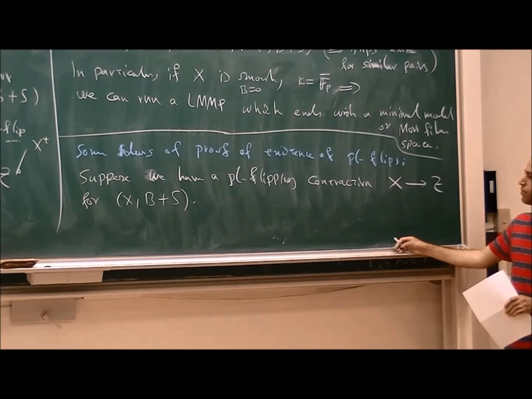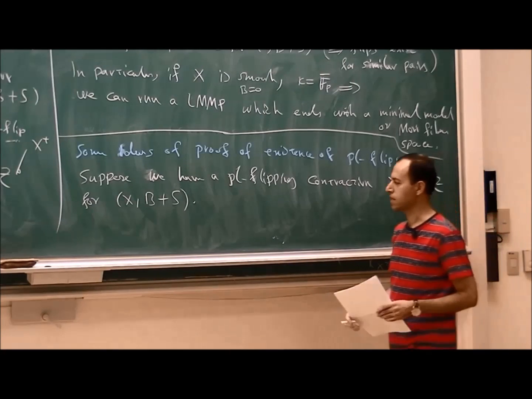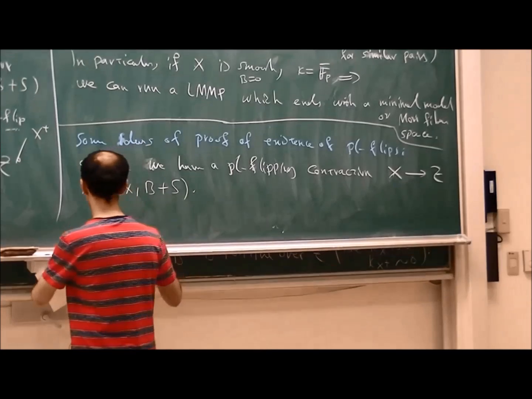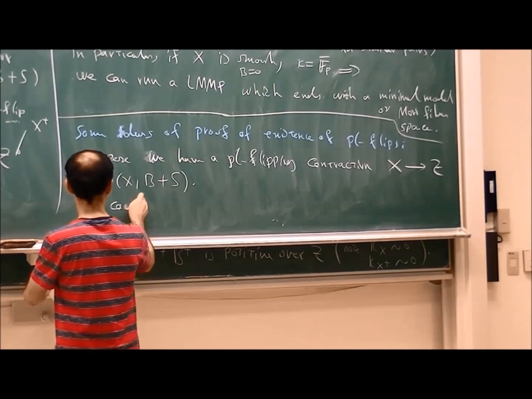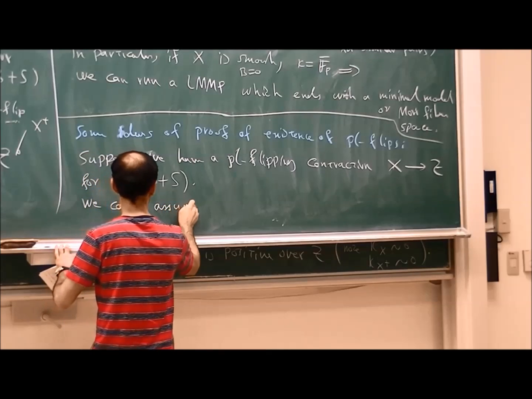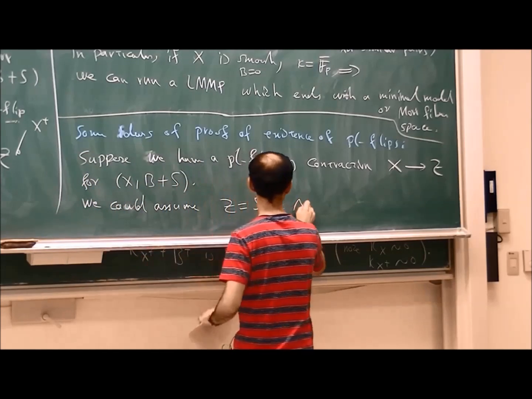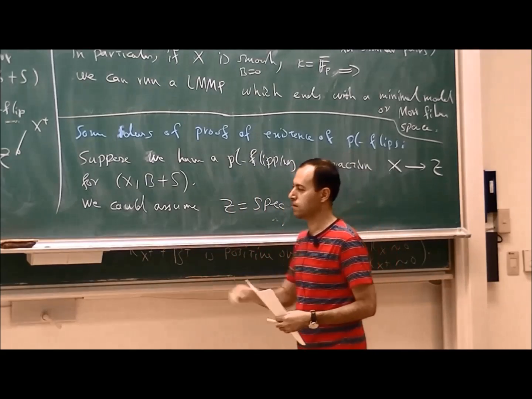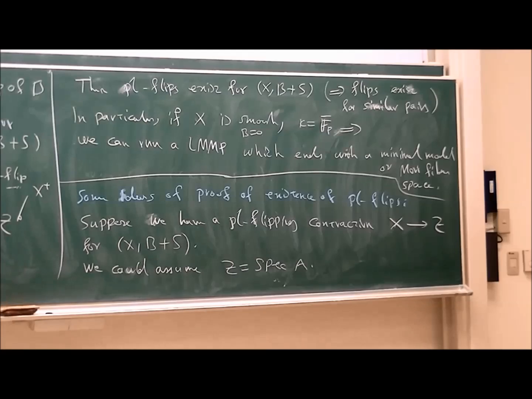And then K plus B plus S is negative over Z. So as usual, we could assume that Z is affine. And then we need to show finite generation to construct the flip.